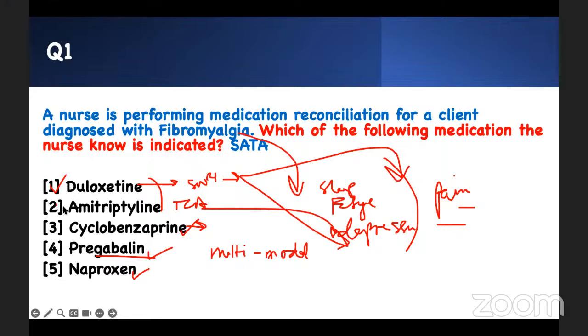Therefore, 1, 2, 3, 4, 5 are correct. You just need this content and this idea of what you need to target to take care of this patient, making question answering not that difficult. You have to break it down and spend time, but you have to study your content. Like I said, if you want, you should check out that class.